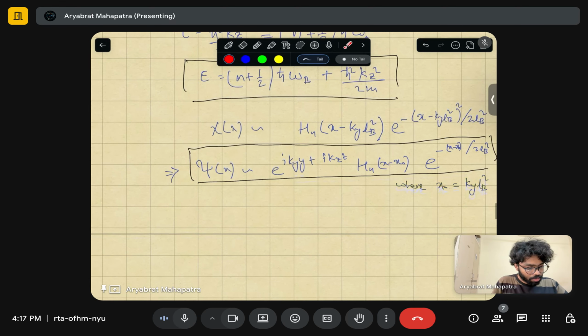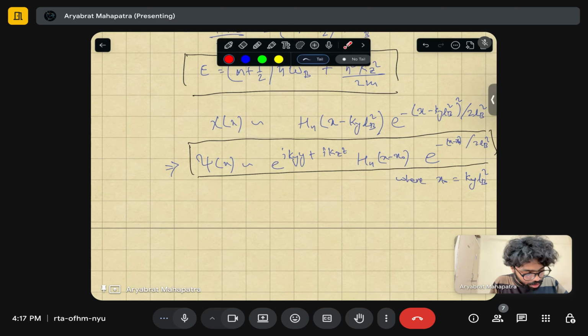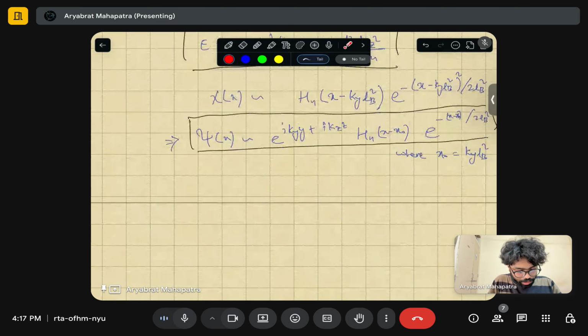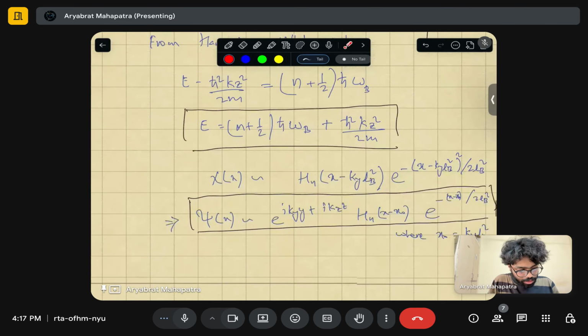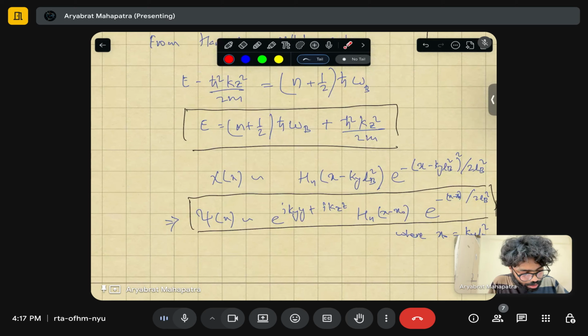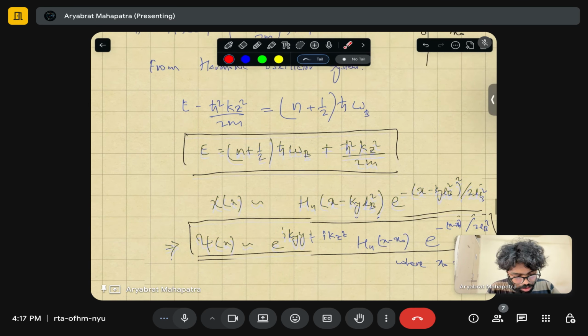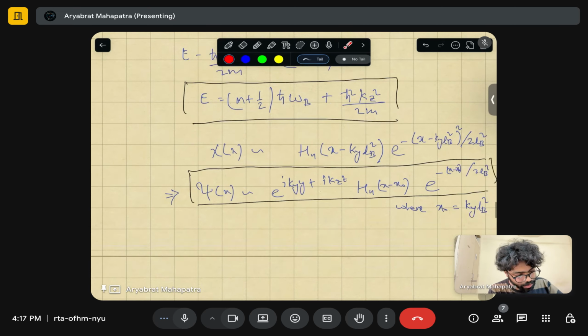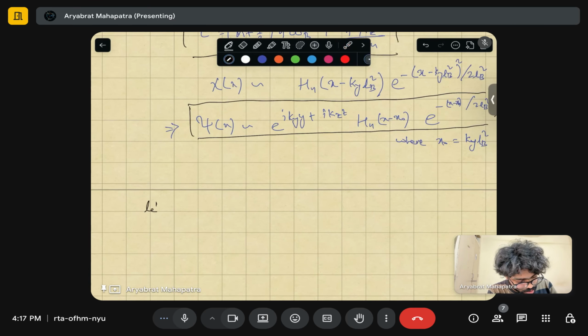So one thing here, as I was telling, it is not exactly a harmonic oscillator system. Suppose you take any energy eigenvalue, say for n equals to zero, and let's restrict the particles with k_z along zero.